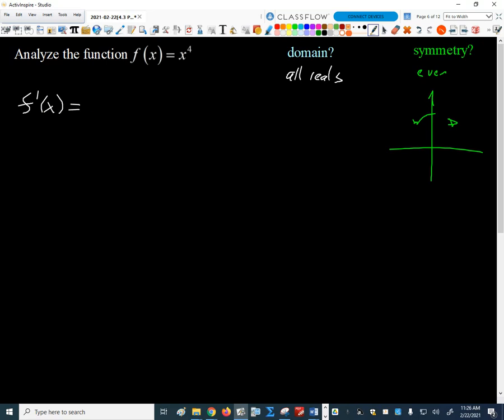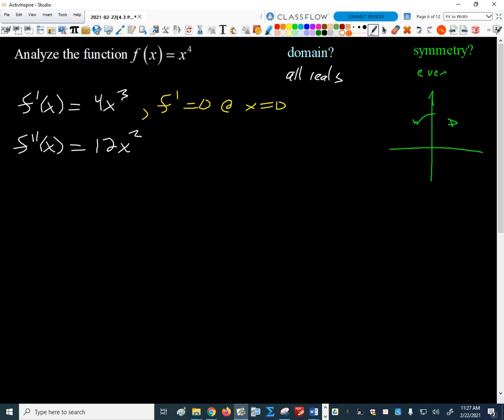We can all see that the first derivative is 4x cubed. The second derivative is 12x squared. And once again, those both have zeros at x equals 0, right? We can see that f prime equals 0 at x equals 0.